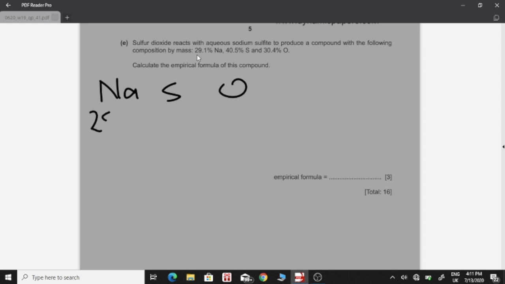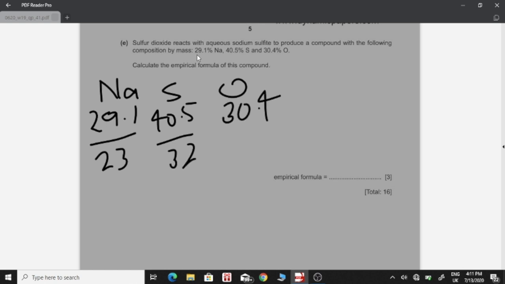So we divide 29.1 with the relative atomic mass of sodium, which is 23, and we divide the percentage of sulfur with its relative atomic mass being 32, and then we divide the percentage of oxygen with its relative atomic mass of 16.